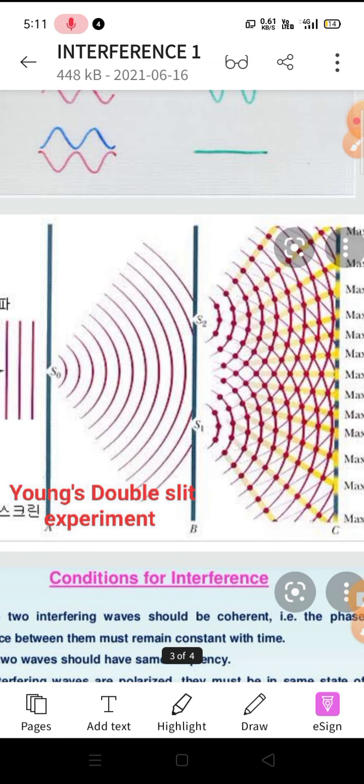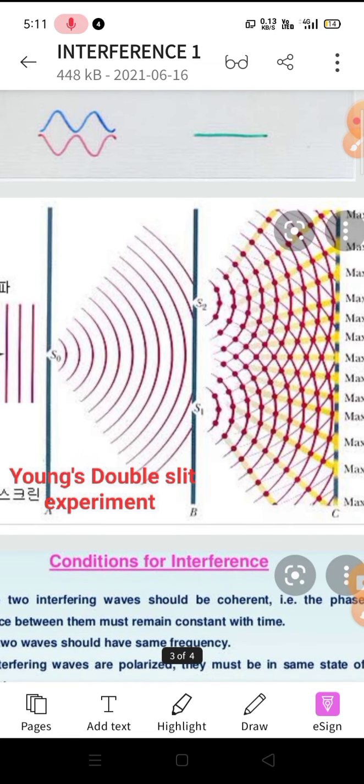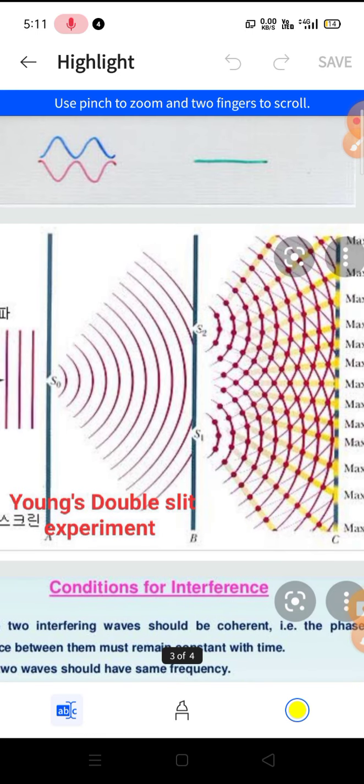The first experiment which demonstrated the phenomenon of interference is Young's double slit experiment, as we see in the picture. We have a light source S0, and wavefronts coming out of this primary source are incident on the secondary sources, which are two slits.